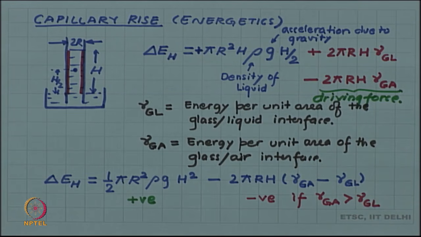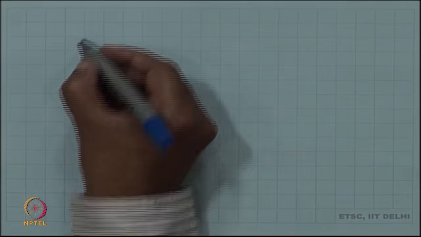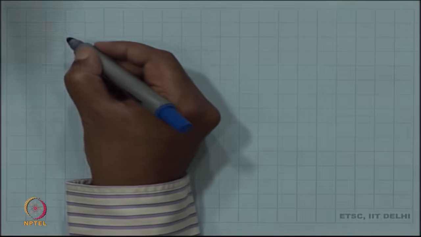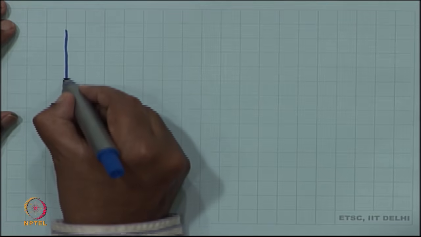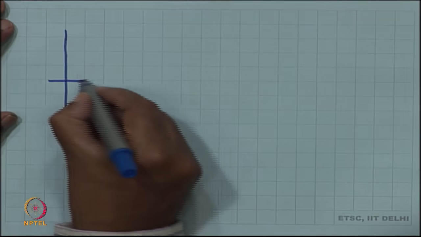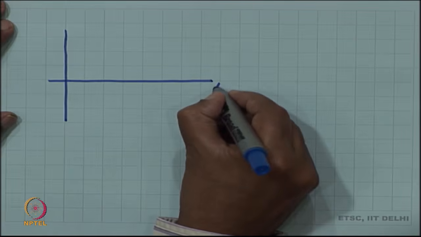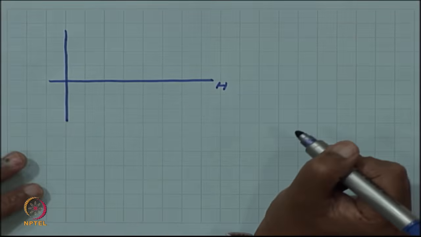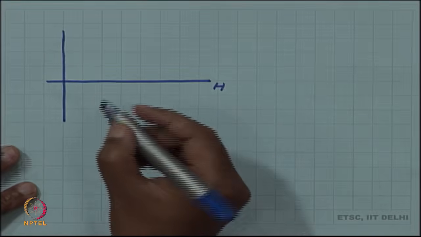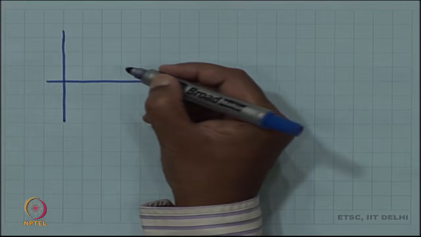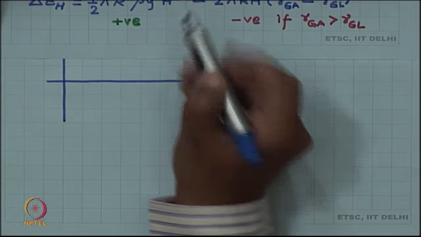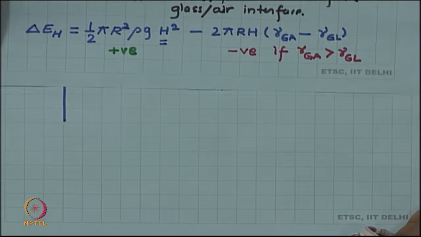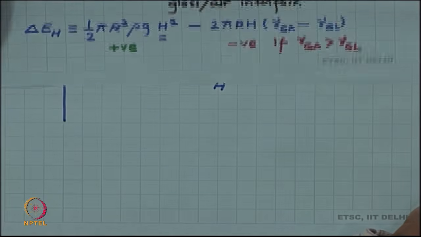gamma GA is greater than gamma GL, and capillary rise will happen. So, let us now plot these energy terms in the same way like we had done for the nucleation exercise. So, we plot it as a function of the height, and we can see that we have a positive term which is proportional to h square.